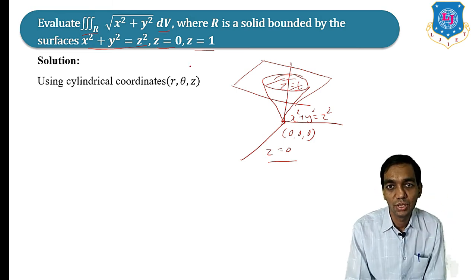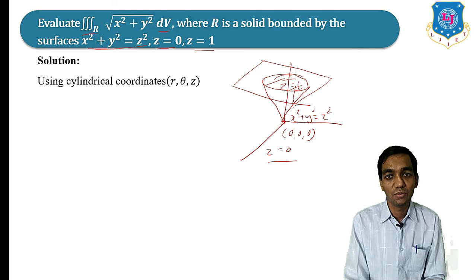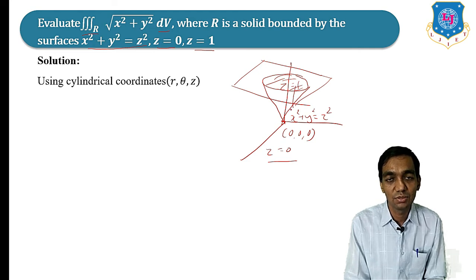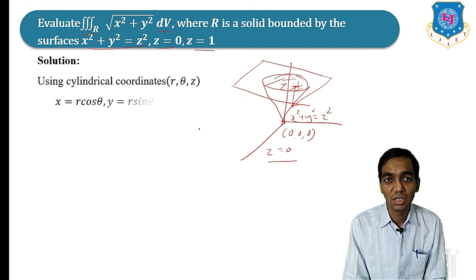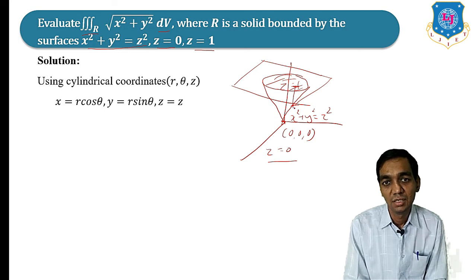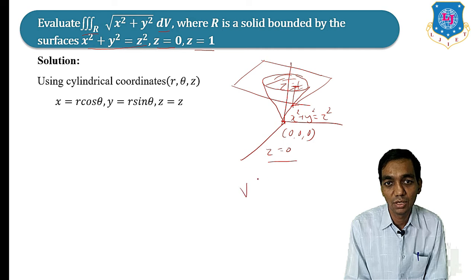Done? So if you are going to put the limit of z, then you have to draw one strip like this parallel to the z axis. So it is starting from the cone and it is ending at the plane z is equal to 1. So the limits are: z starts from the cone, that means z is equal to under root of x square plus y square, and it ends at z is equal to 1.